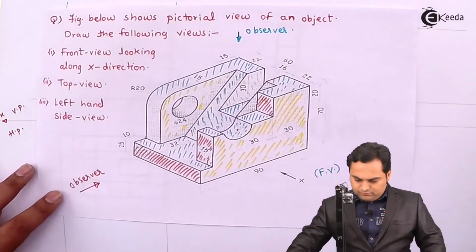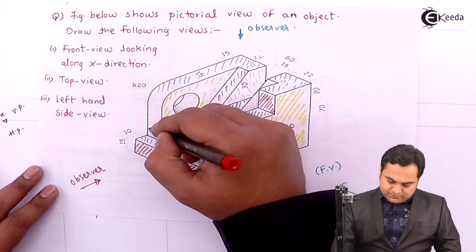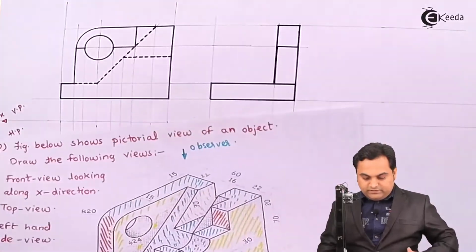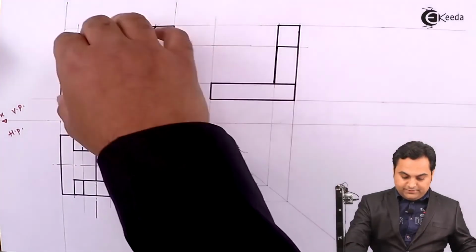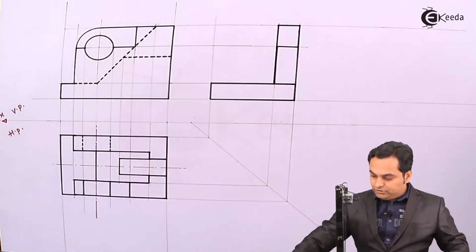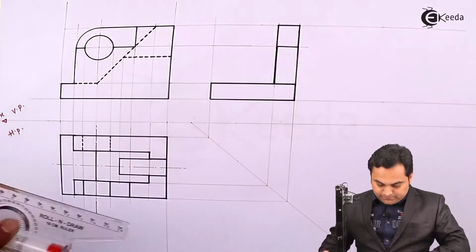Next, looking from the side, even this portion will be visible. For that, the height is already there and its width is there in the top view. So I'm projecting it.